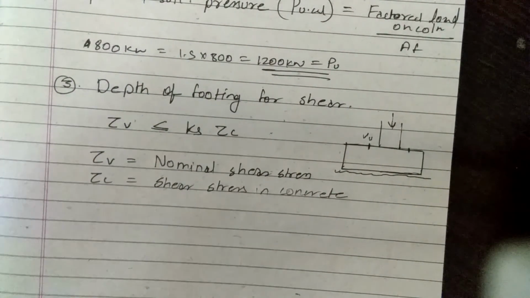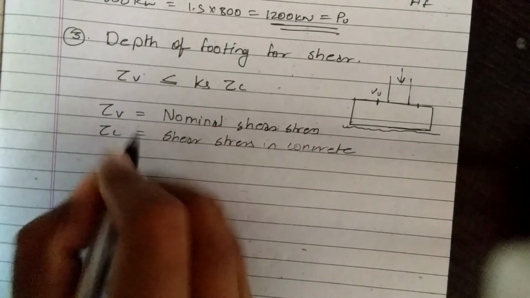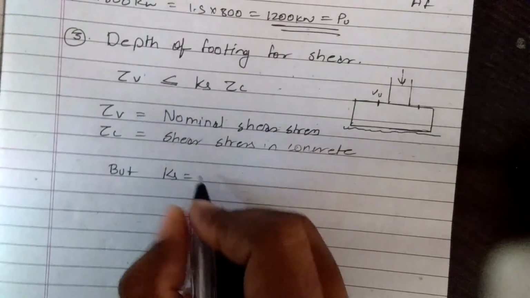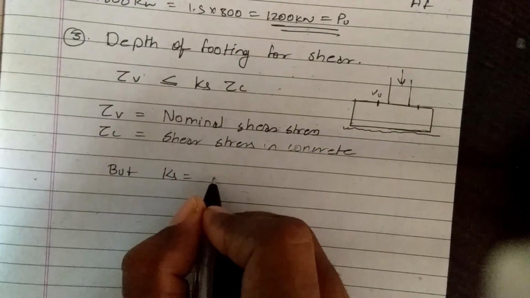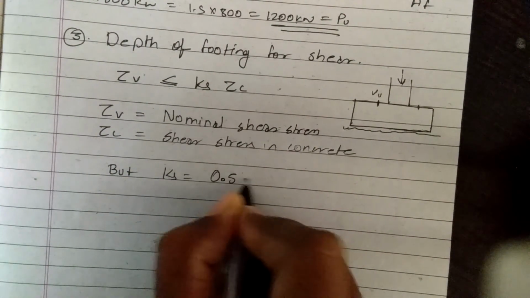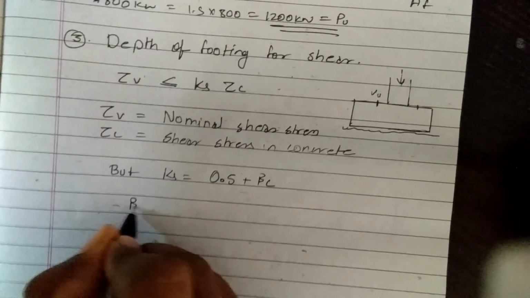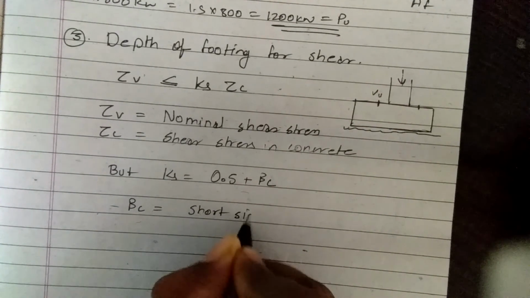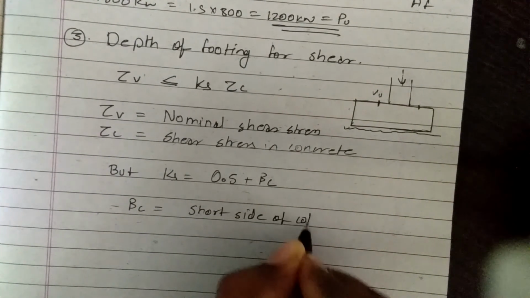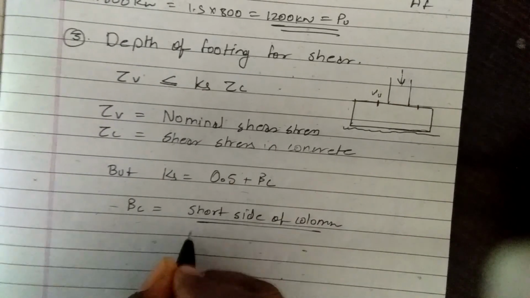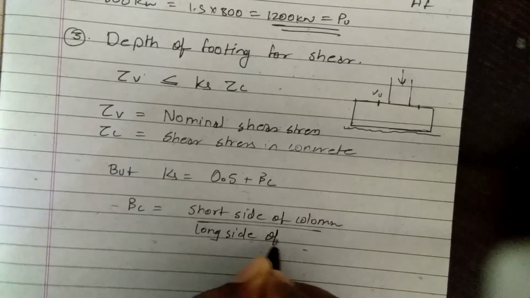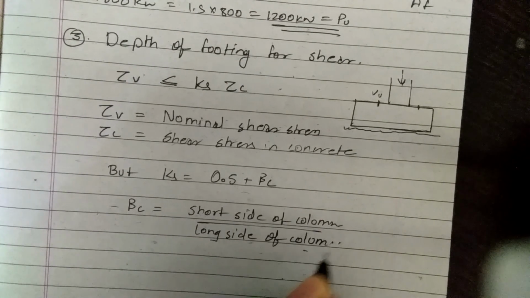Up to here it is clear, but ks is equal to 0.5 plus beta c, and beta c is equal to the short side of column divided by the long side of column.